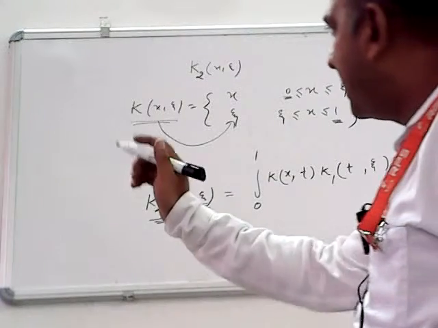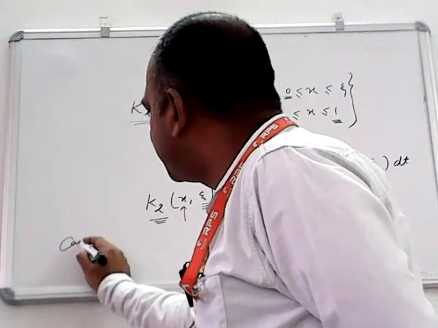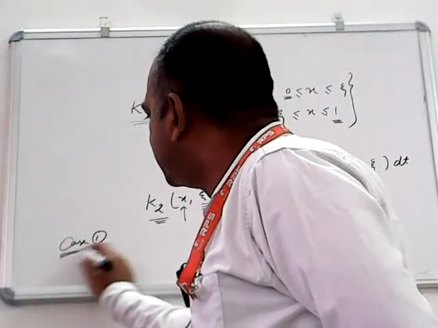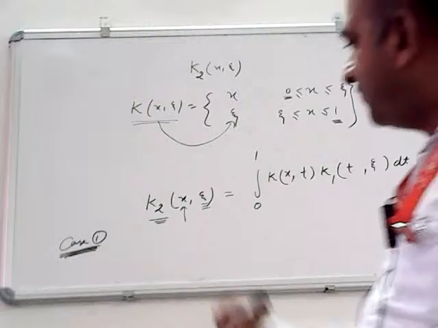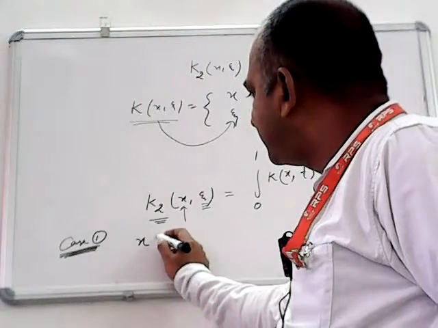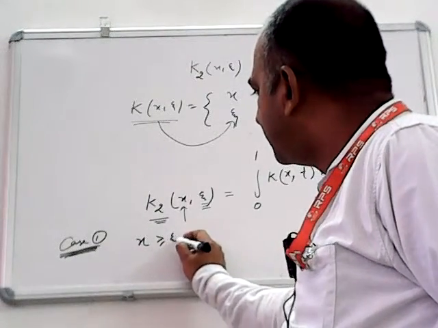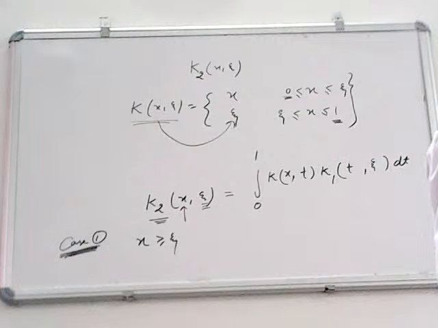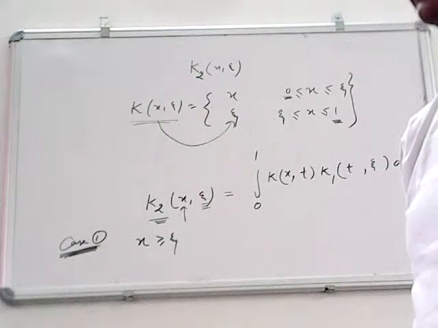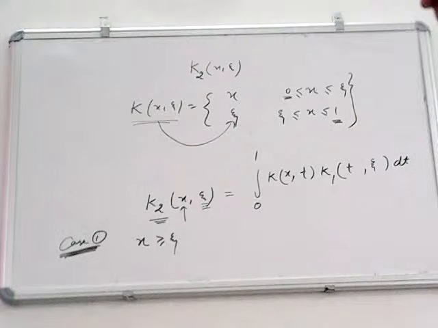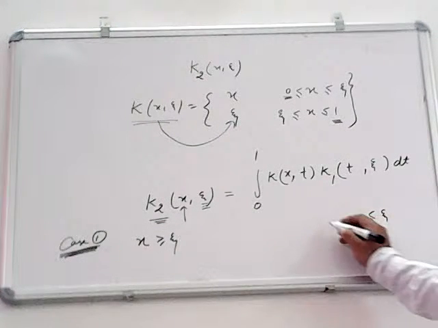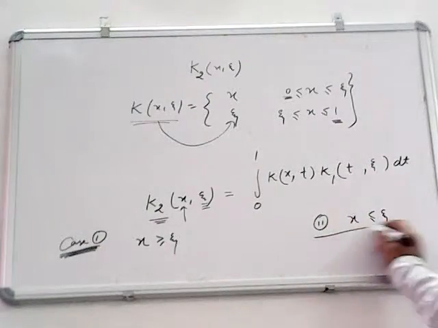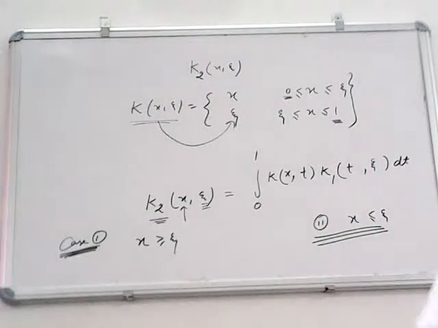So right now we have two cases. The first case is if x is greater than or equal to ξ. In the second case, we will have x less than or equal to ξ. We will discuss this case later on.